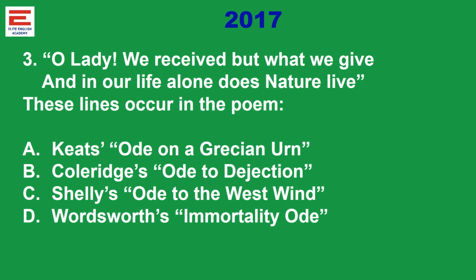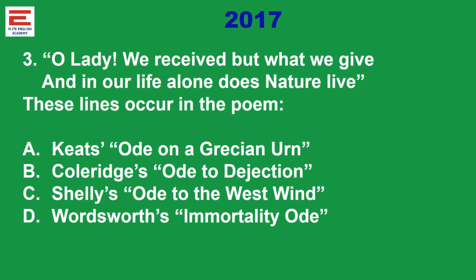Next question. O lady, we receive but what we give, and in our life alone does nature live. From the line we understand it is also from a nature-based poem. These lines occur in the poem Keats' Ode on a Grecian Urn, Coleridge's Ode to Dejection, Shelley's Ode to the West Wind, Wordsworth's Immortality Ode.